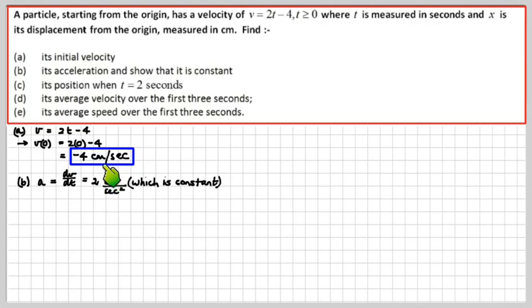So it's centimetres per second every second, if you know what I mean. Centimetres per second per second. That's how you write it. 2 centimetres per second squared, or 2 centimetres per second per second. No, I haven't got a speech impediment. It's just the way it works, and that's constant. Yes?